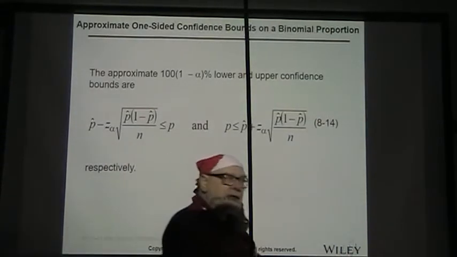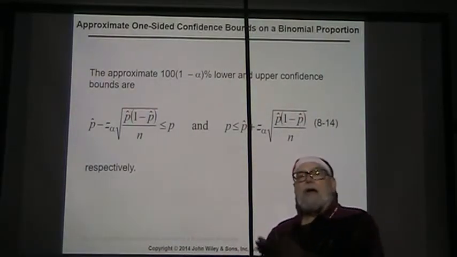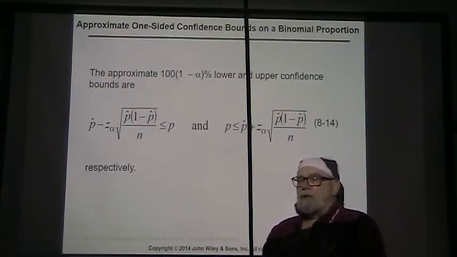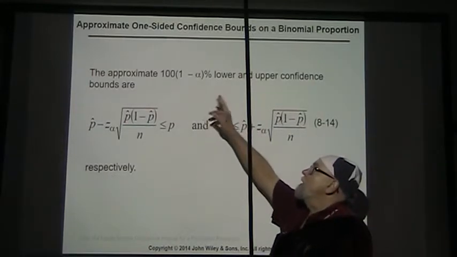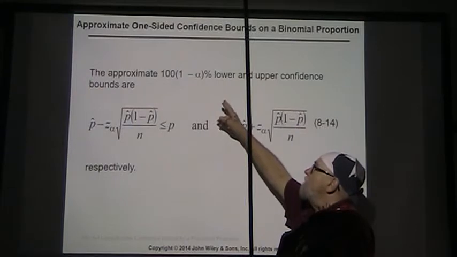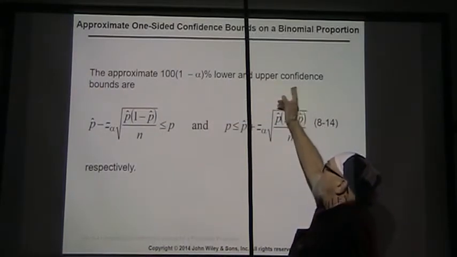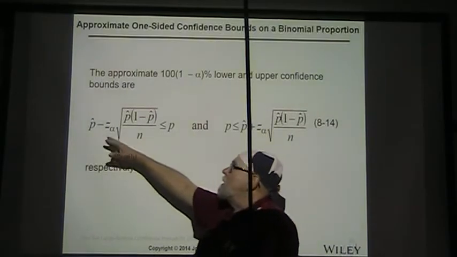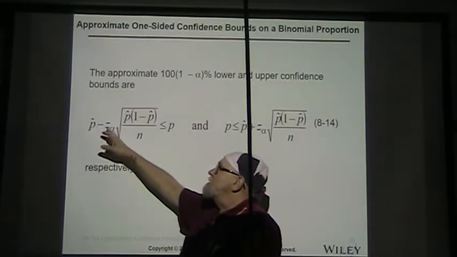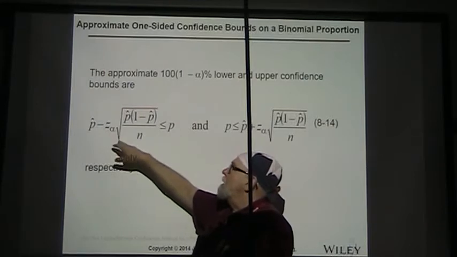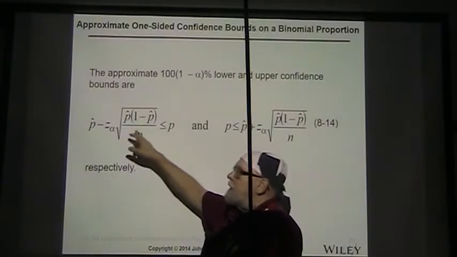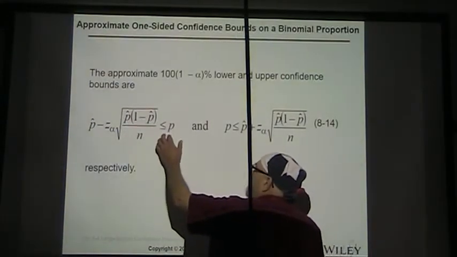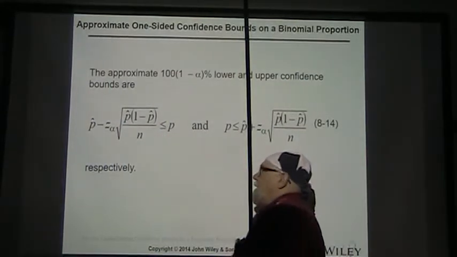Now, of course, like anything else, we might want to have a one-sided confidence bound for our binomial proportions. So the approximate 100 times the quantity 1 minus alpha percent lower and upper confidence bounds are p hat minus z alpha times the square root quantity of p hat times the quantity 1 minus p hat divided by n is less than or equal to p, right?